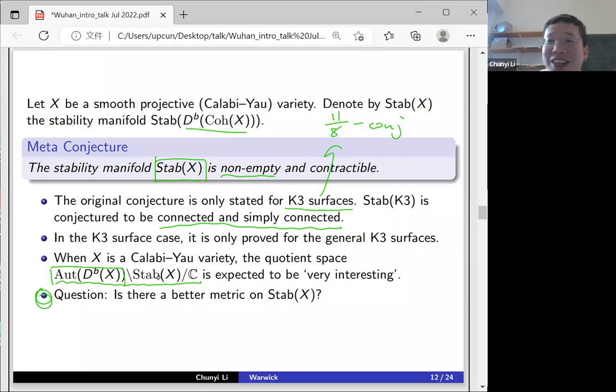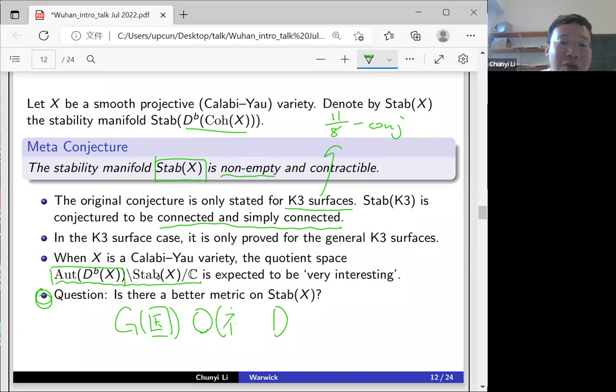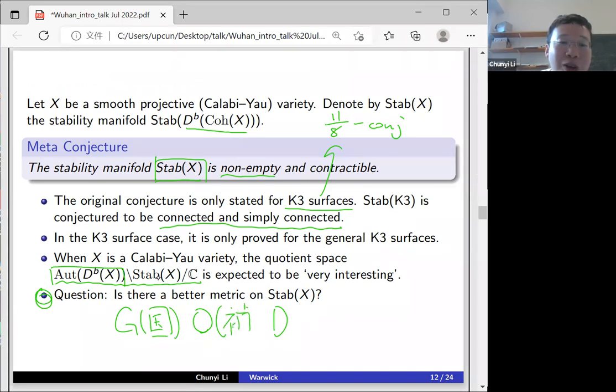You just throw out a random question and hope that God can tell you the answer directly, right? I don't know if you guys doing topology use this trick, but here I'm just throwing out this random question and hoping some miracle can happen. Right? So this is somehow the main question on this stability manifold, and we'll see some more concrete examples in the next few slides.